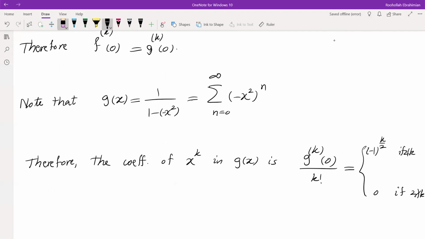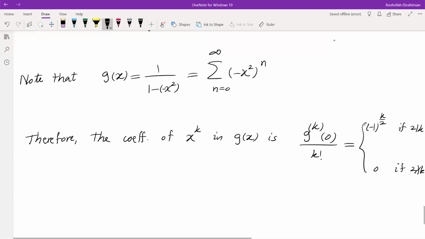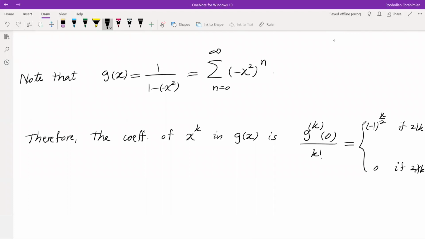Because that's basically what the Taylor series shows.